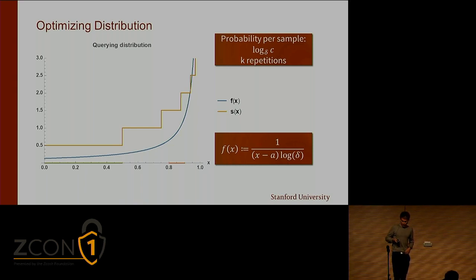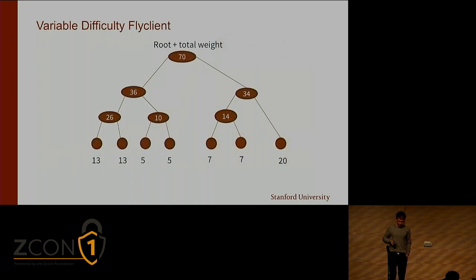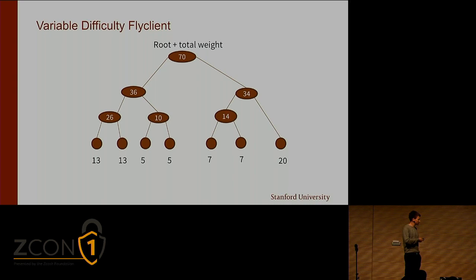The second thing is, we have to talk about variable difficulty Flyclient. So what if the difficulty isn't always the same? Well, the idea is that I will commit to all of the weights, think of this as the targets.